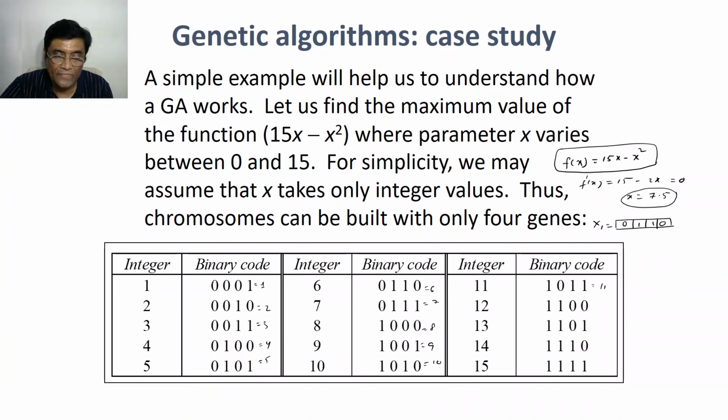So if this is the chromosome, what is its fitness value? 15 minus 1, 14. So you write 14 as the fitness value. For each chromosome you can calculate the fitness value, and take those chromosomes which are among the top fitness values.